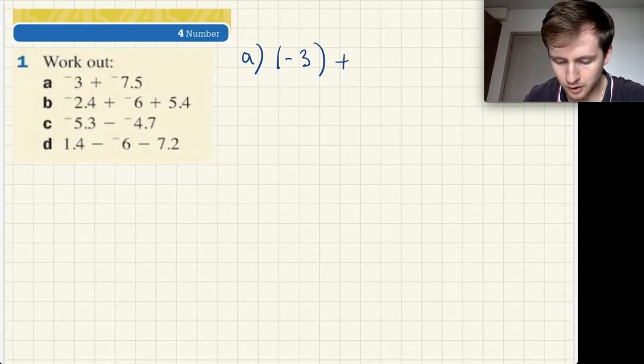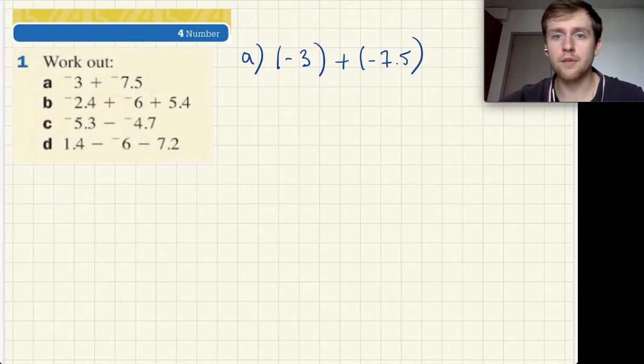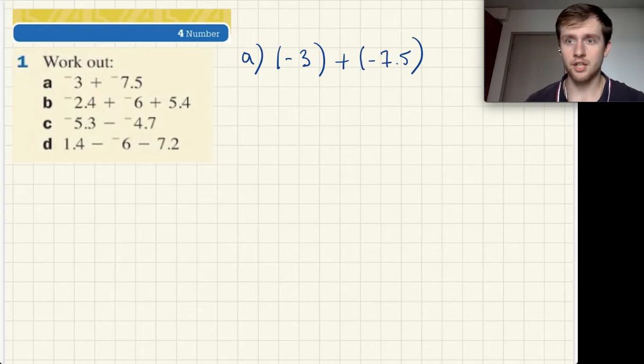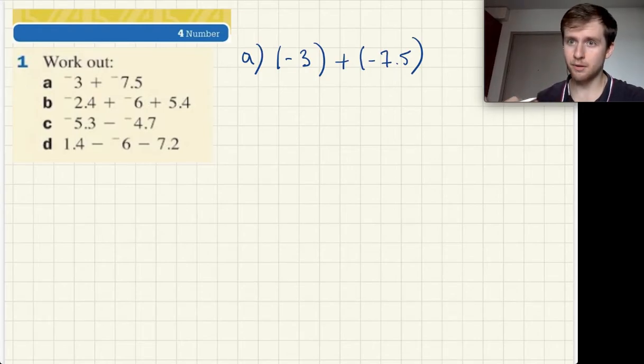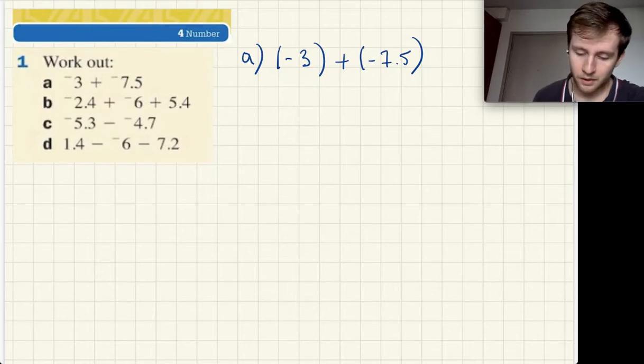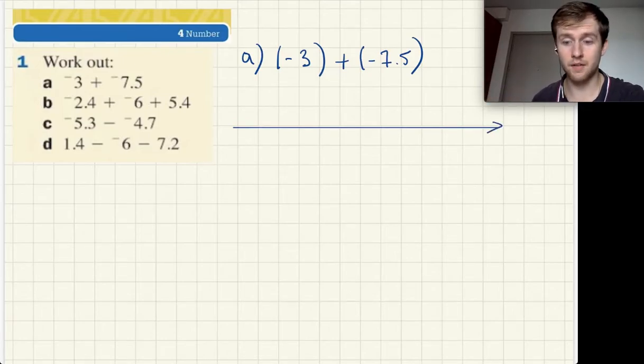-3 plus -7.5. I believe by this point in year 9 you should be fairly familiar with negative positive numbers, subtraction, addition. We have to use a number line for this normally, and let me draw this for you. So -3 plus -7.5.